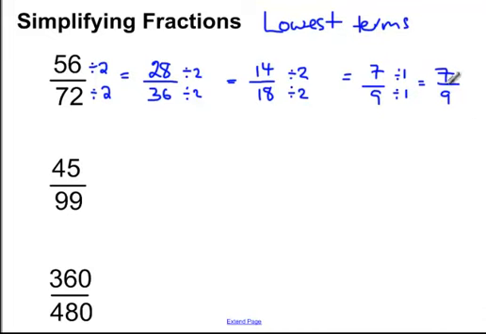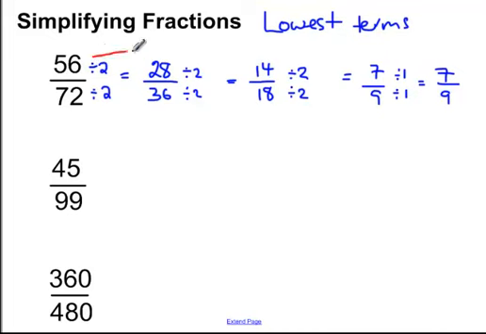Now that was quite a few steps. We could have done it a lot quicker if we had looked for the greatest common factor of 56 and 72, and this is where it comes in handy to know your times tables, because if you look at those right away, you can see that they're both in the 8 times table.